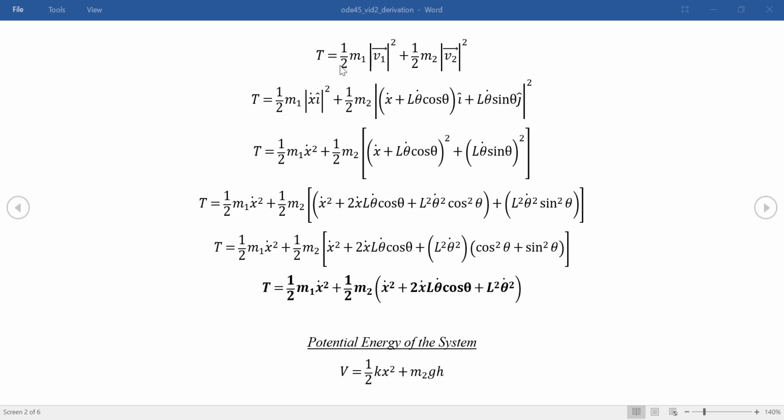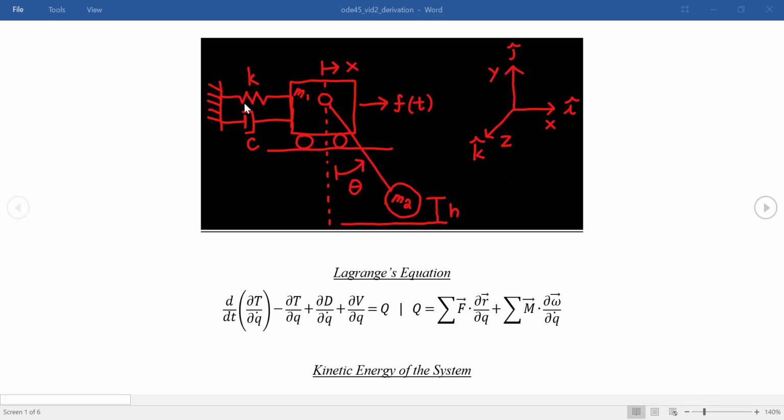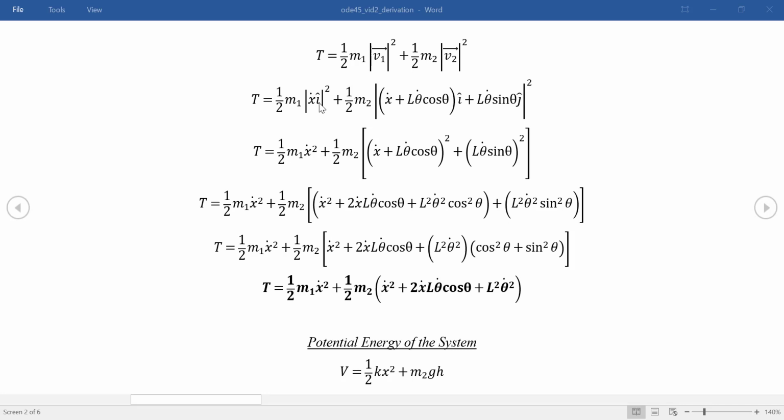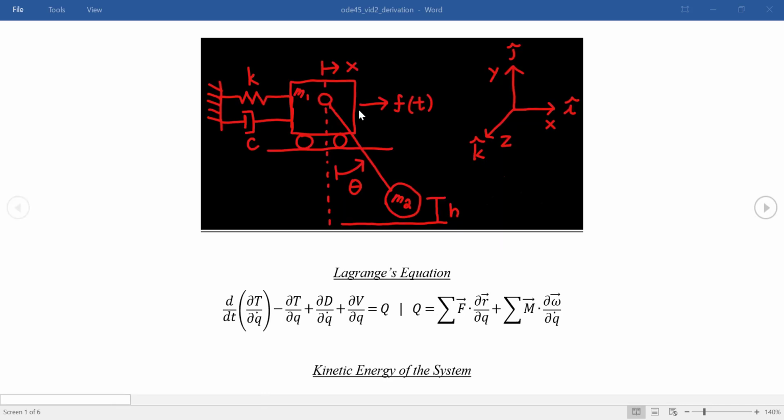The velocity of mass 1 is very simple. Mass 1 can only move left or right, so its velocity would be x dot, the time derivative of x. And it's moving along the positive I hat direction based on this convention, so the velocity for mass 1 is just x dot times I hat. Now, looking at mass 2, its velocity is a bit more complicated.